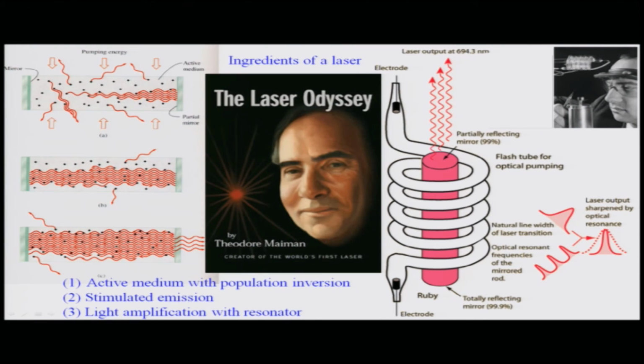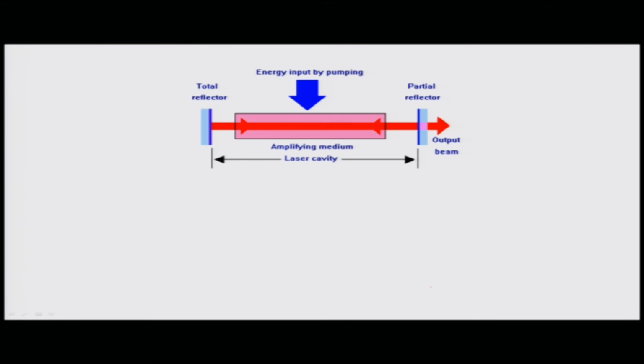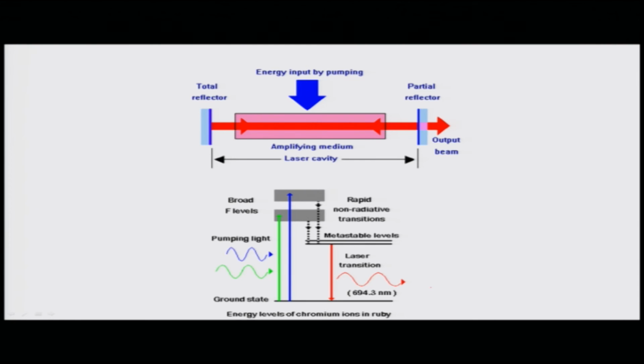He used electrical pumping, using an electrode to pump the laser system from the lasing medium, which is the Ruby in this particular case, and that is how he got it. The energy input was laterally provided, which was the amplified medium, and the chromium ions were the ones which were necessary in the Ruby crystal, which gave rise to the lasing medium.